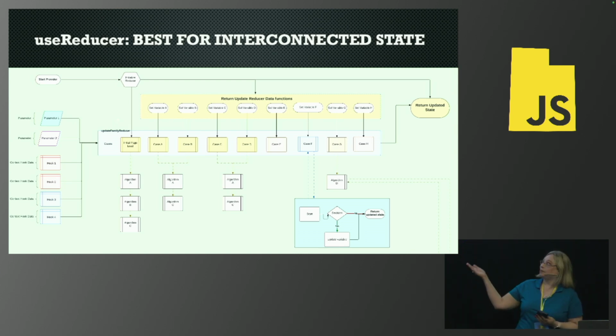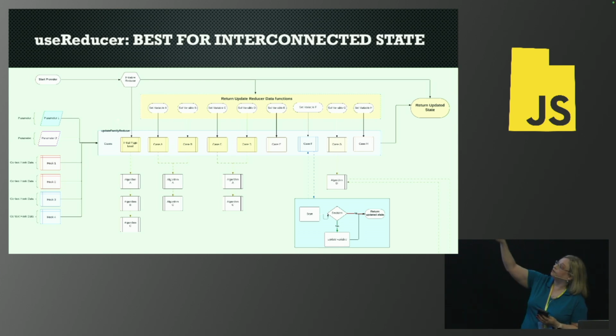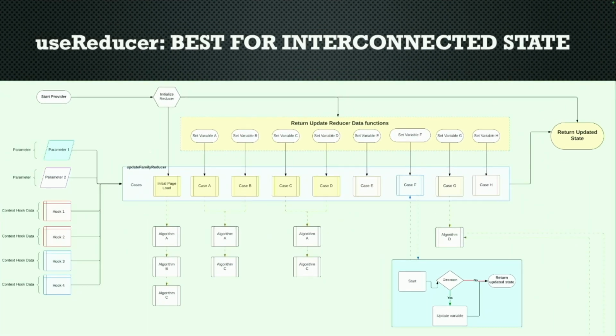In this diagram, you can see the purple part, each of these is basically our cases in that switch statement for the reducer. The white part down below, those are algorithms that would be called in various situations. And this is where we can go unit test each one separately. And then the yellow part are functions that get exported from a context. And then we can call each situation when that happens, right?